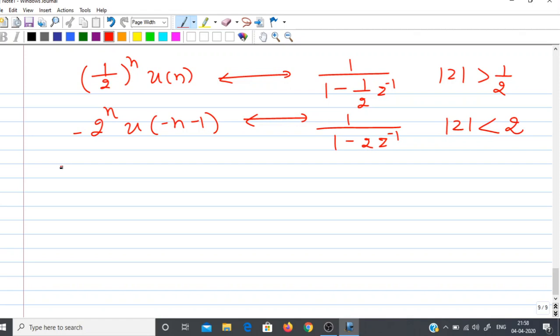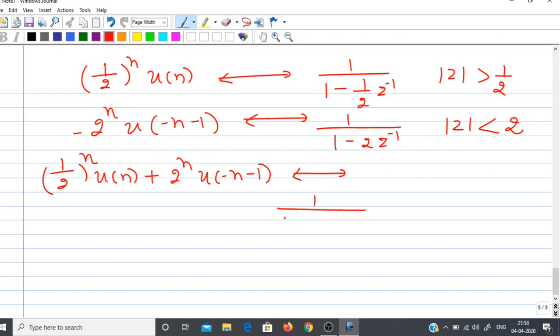And another sequence which we saw: half to the power n u[n] plus 2 to the power n u[-n-1]. What is the Z transform of this?